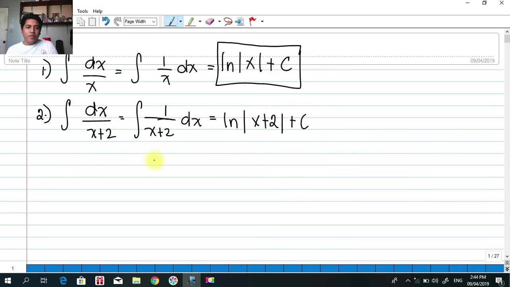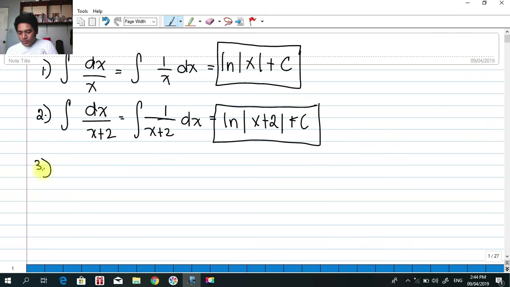Why? Because the derivative of the inside function is 1, and getting the derivative of ln means dx over x. So if you get the derivative, which is 1, then divide it by the original function, x plus 2, hence this will be the result of our integral.